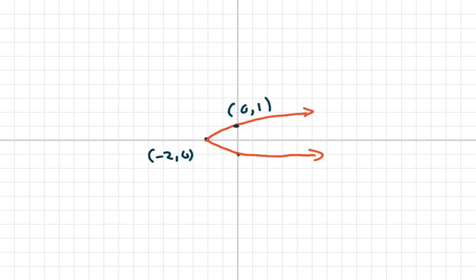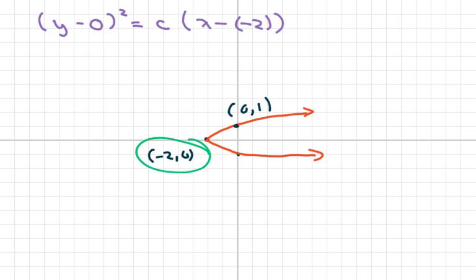And this one opens to the right, so it's going to have the form where you start with y. So y minus 0 squared equals c times x minus negative 2. And that is, I plugged in this. Alright, so I'm just going to put y squared equals c times x plus 2.